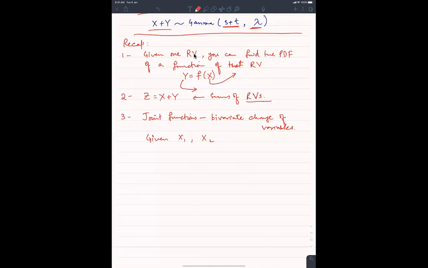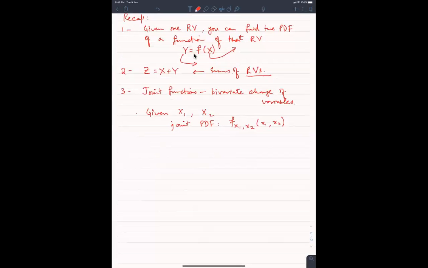Maybe they are independent, maybe they are not independent, and their joint PDF is f_{X1,X2}(x1, x2). This is the joint PDF. If they are independent, then f_{X1,X2} can be written as the product of marginal PDFs. ये हमने देखा पहले, ठीक है?